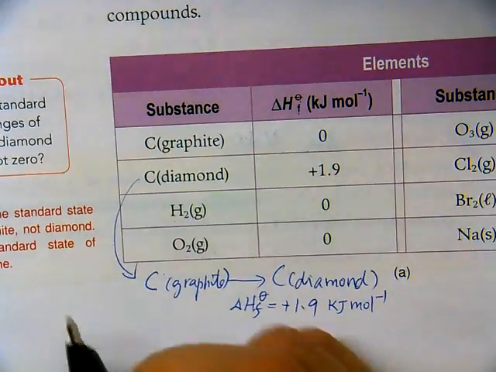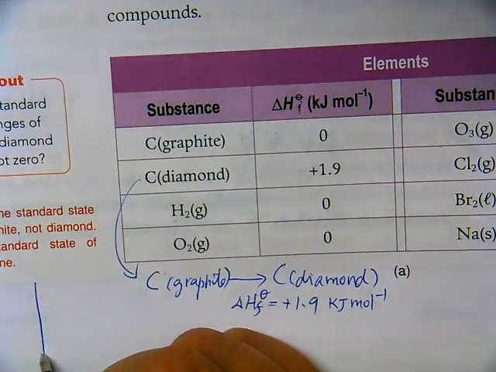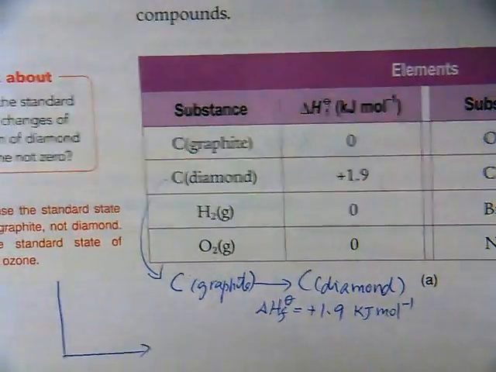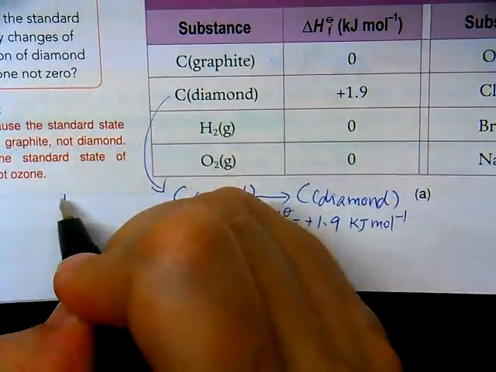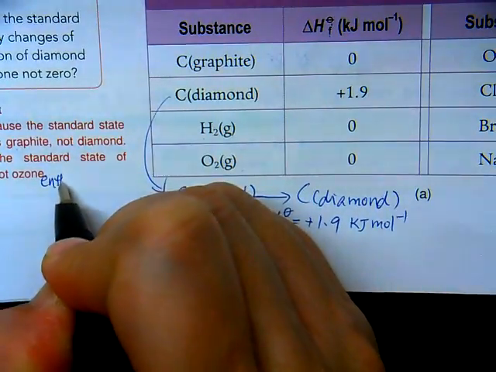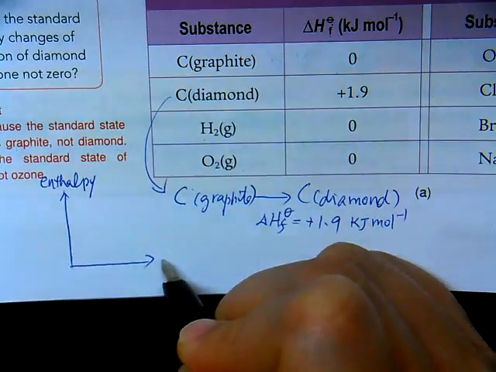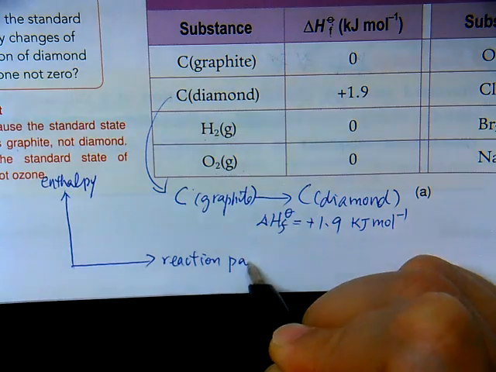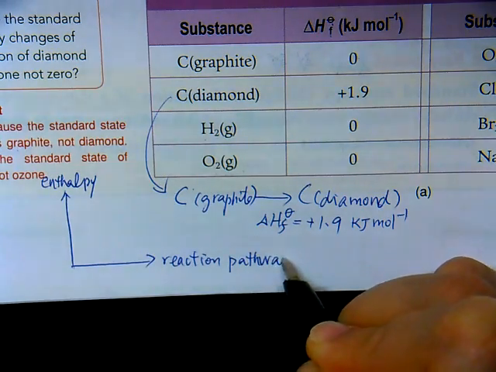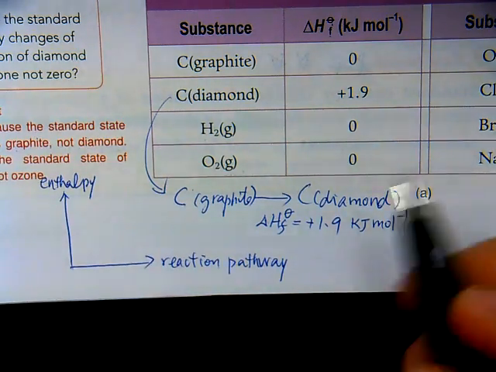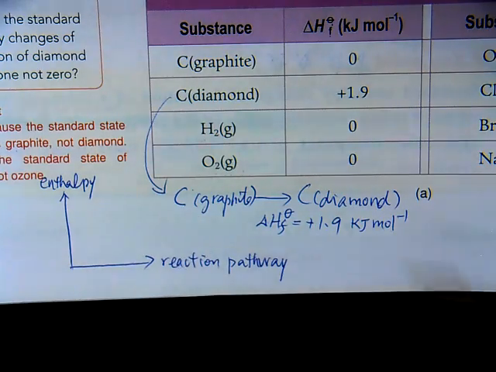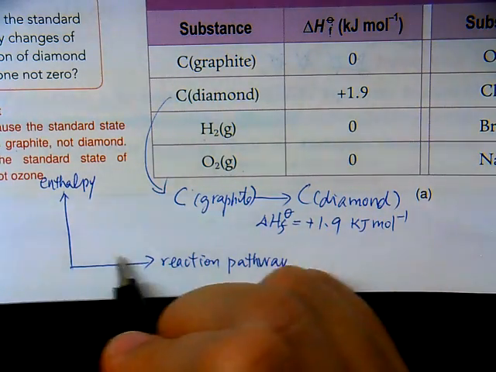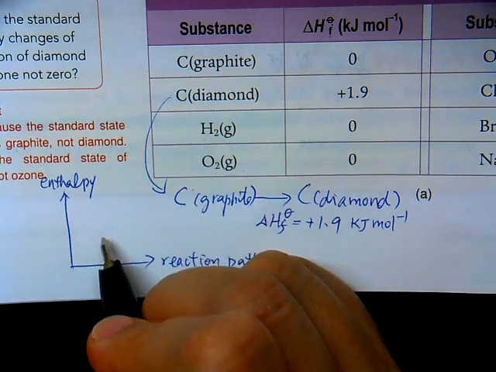Plus 1.9. If I draw an enthalpy level diagram, bear in mind every time label the y-axis enthalpy. X-axis, you may miss the x-axis, but I like to label the x-axis as reaction pathway. Endothermic, pointing upward or downwards? Endothermic should be pointing upwards.